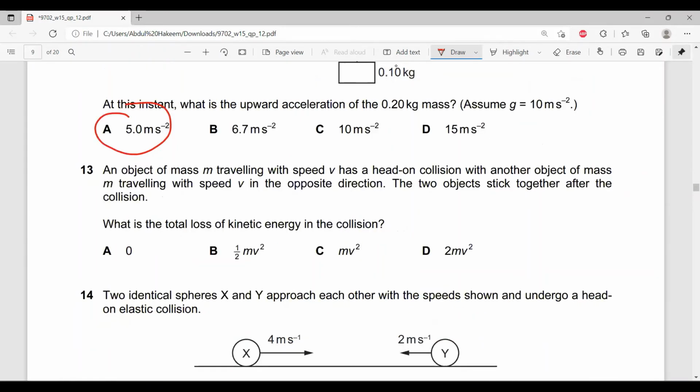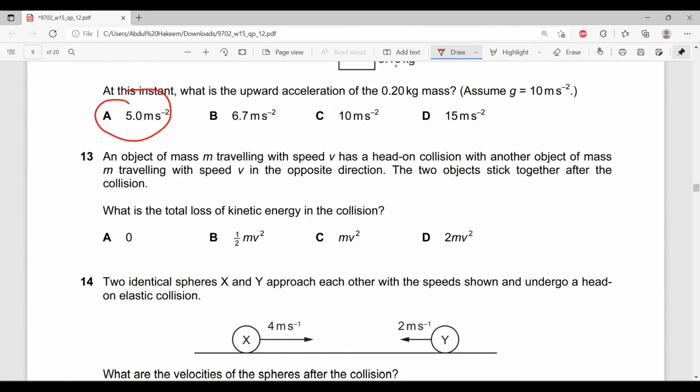Next, an object of mass M traveling with the speed V has a head-on collision with another object of mass M traveling with the speed V in the opposite direction. Two objects stick together after the collision. What is the total loss of the kinetic energy in the collision?